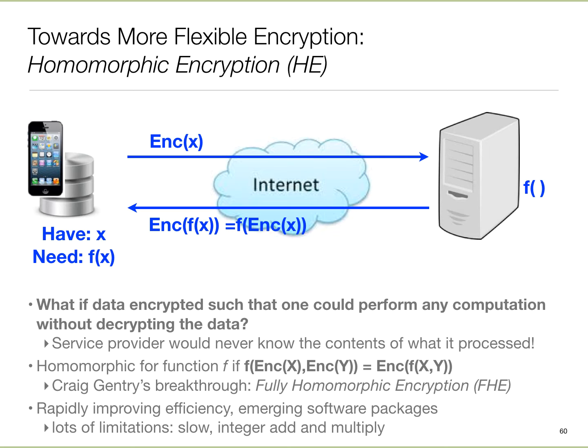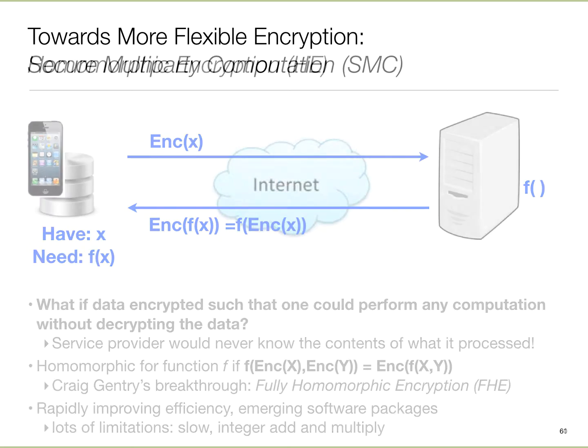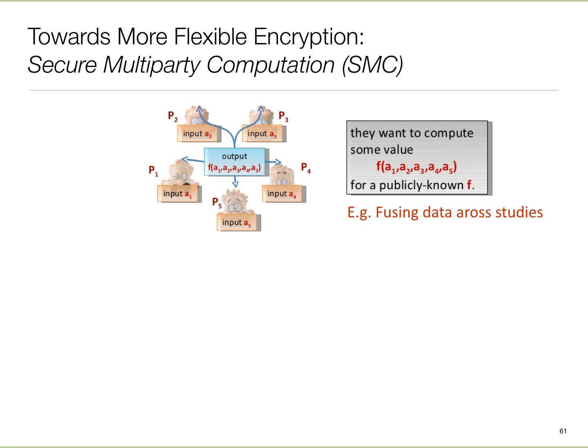So that's homomorphic. The third kind of exciting situation which you encounter a lot is the so-called secure multi-party computation. The idea is that there are a bunch of devices or individuals who have some secret, and I want to compute a function over those secrets.